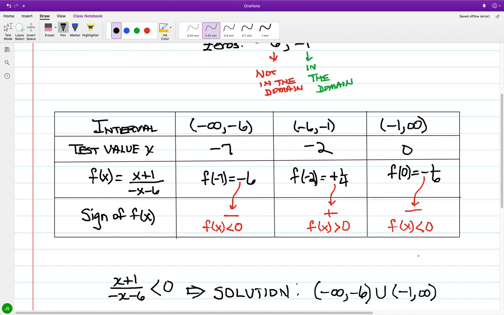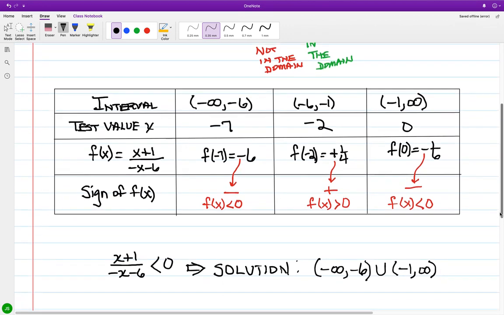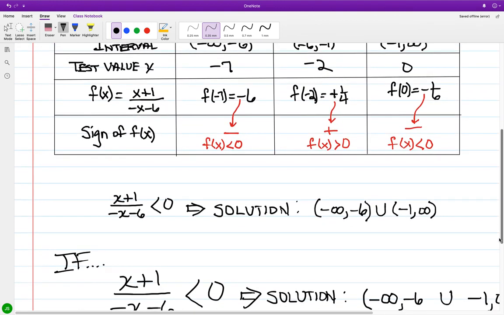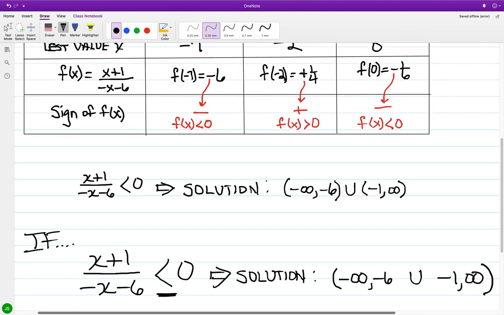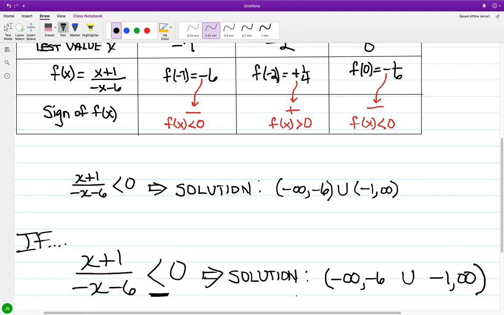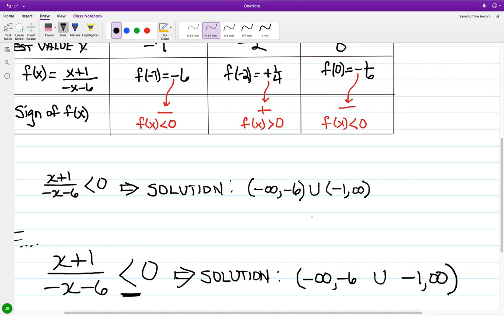Okay, and before I key that into Aleks, let me mention something regarding what's in the domain and what is not. If you have x plus 1 over -x minus 6 to be not less than, but less than or equal to 0, you'll be looking at the same limits. But now the equal sign considers a possibility that you may have brackets in the mix. Brackets will go around finite zeros that are in the domain of the function.